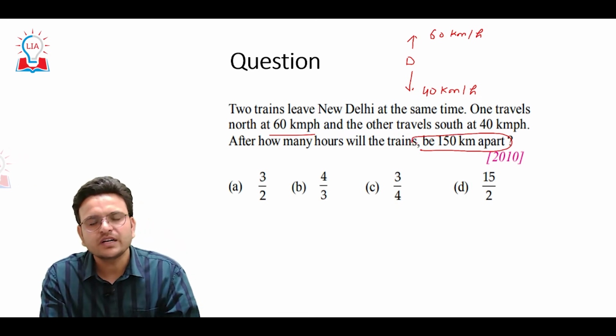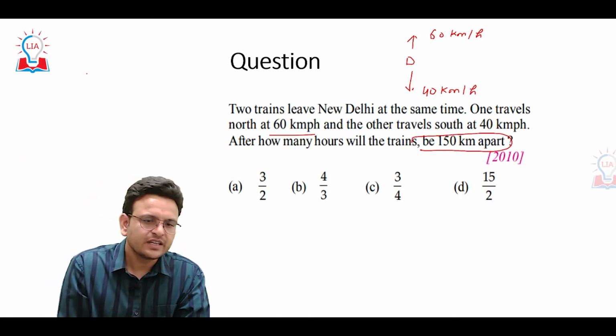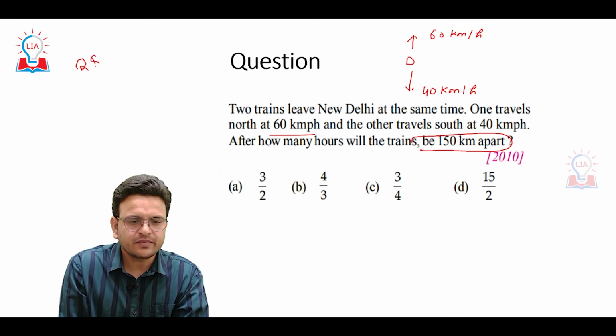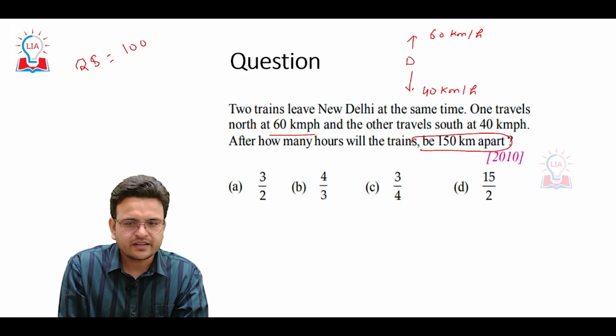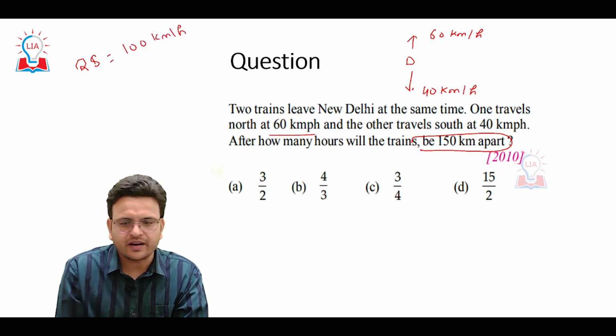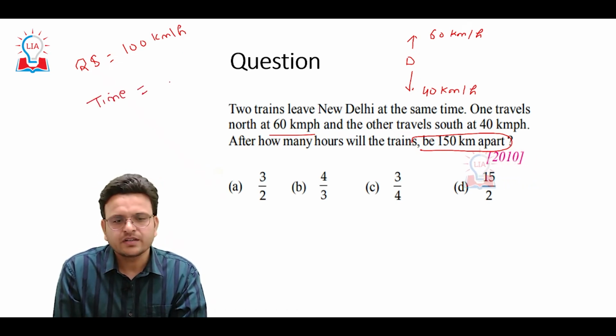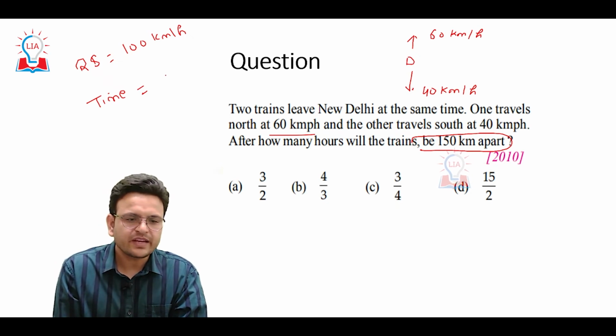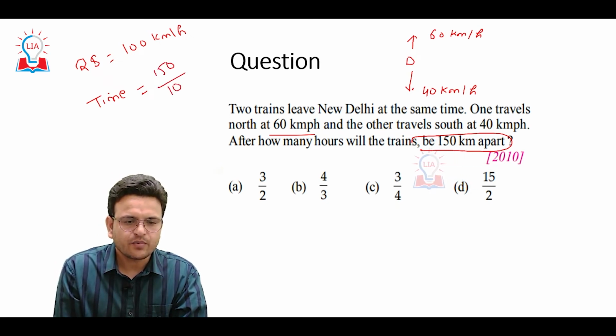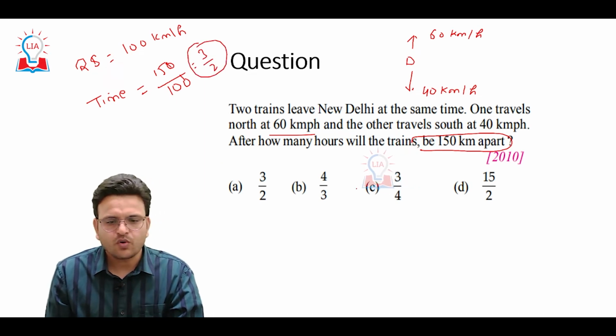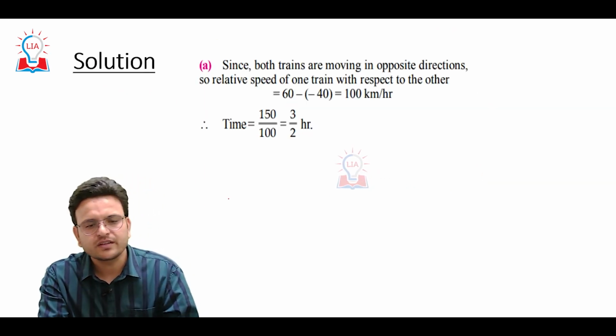Very simple. Both trains are moving in opposite directions. In opposite directions, relative speed will be 100 km per hour. The time in which both trains will be 150 km apart is 150 upon 100. So it becomes 3/2 hours. So hope you are able to understand this particular question.